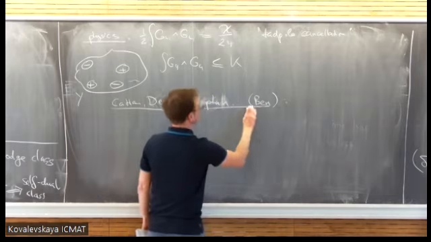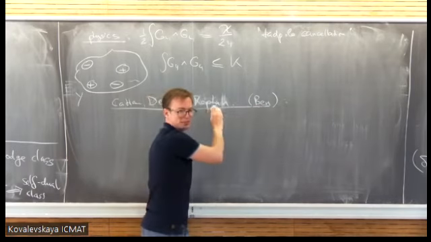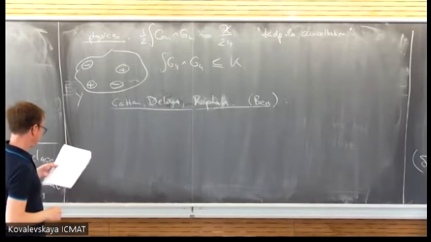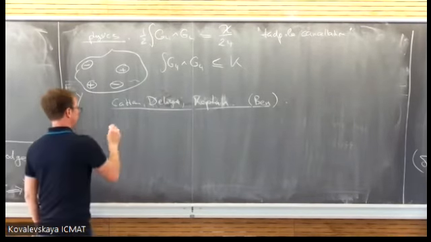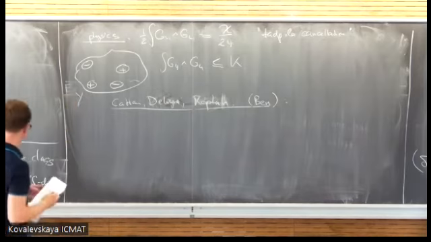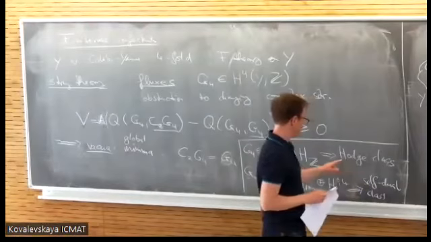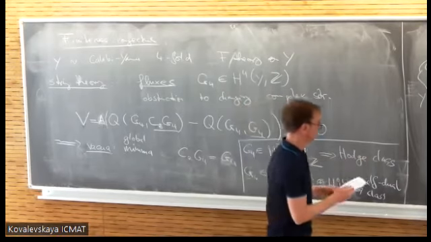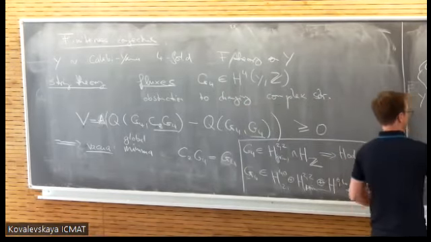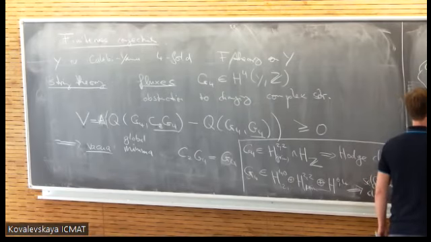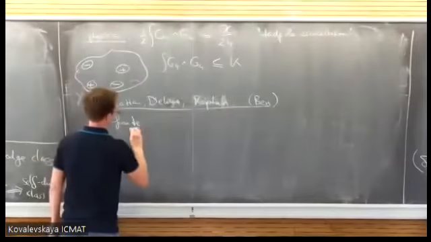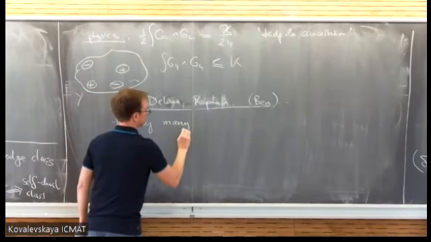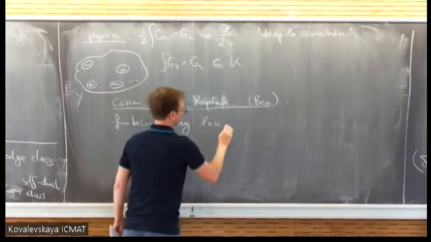Well, Ben was not part of the team. He discussed this there. Okay. And what they showed is that actually the loci in the moduli space, where these Hodge classes satisfy this condition, they show that there are finitely many such loci.